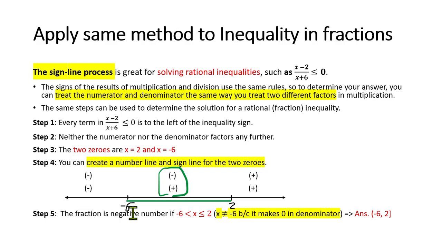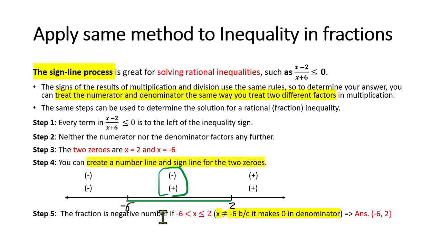So x less than minus 6, then here the numerator is minus, minus 7 minus 2, minus, and minus 7 plus 6, minus, so the result is minus.